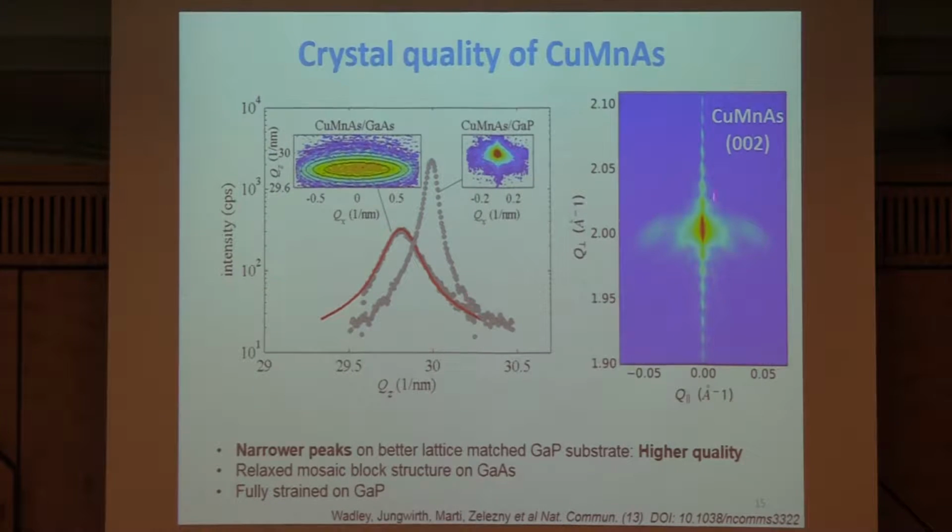So here is the 002 peak of the copper manganese arsenide, and its position is plotted here with respect to the diagonal lattice parameter of the gallium phosphide. And you can't see a deviation from it, so it's imposing its in-plane lattice parameter on the gallium phosphide. That wasn't the case on the gallium manganese arsenide. It wasn't the case in the copper manganese arsenide, but it's inferred that it's actually a mosaic block.